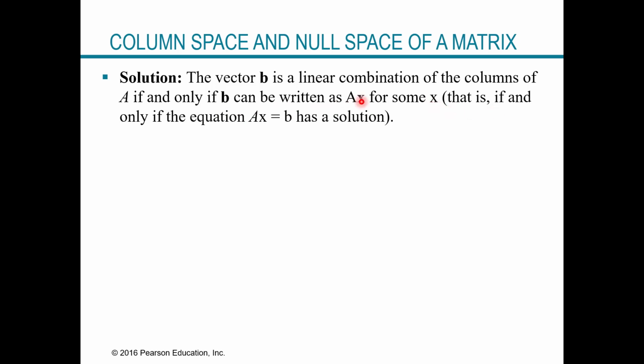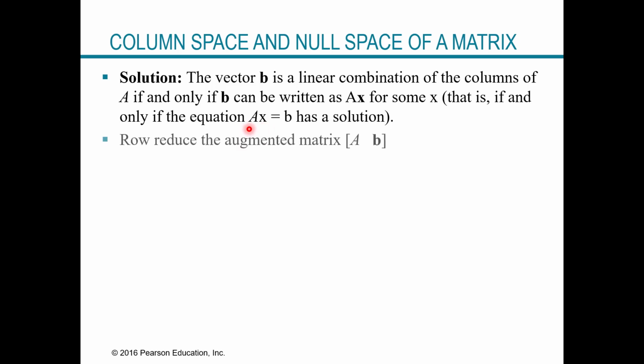That is, if and only if the equation Ax equals b has a solution. We've been doing this; we're just relating new things to what we've done in the past.